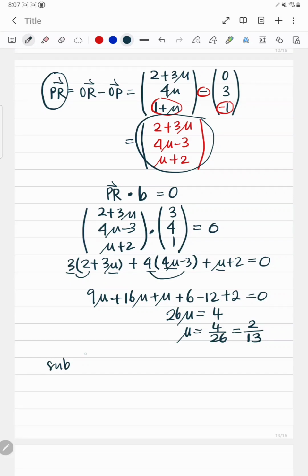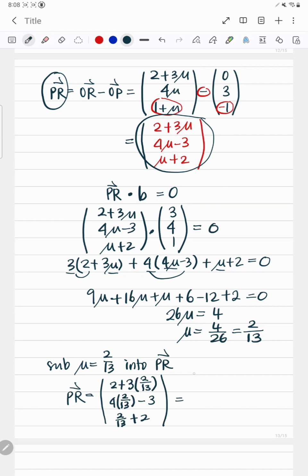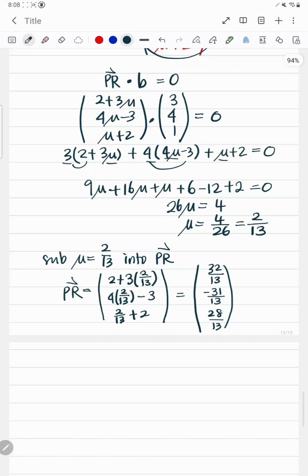So sub mu equals 2 over 13 into vector PR. And you will get, so don't worry about this fraction. So the shortest distance between the two parallel lines is, we try to find the magnitude of PR here.